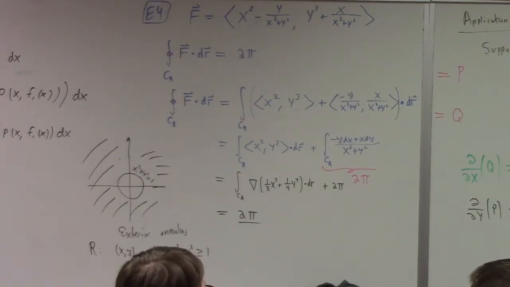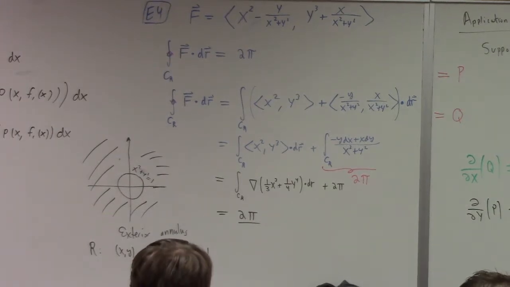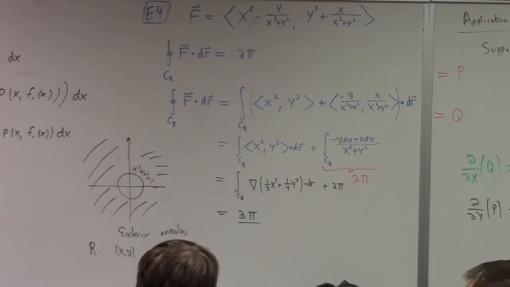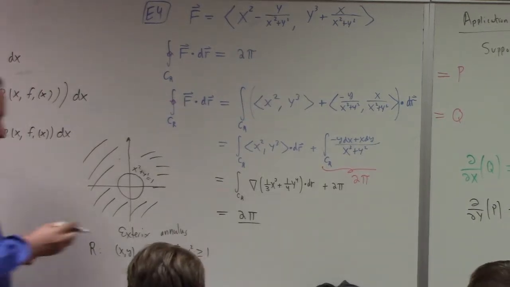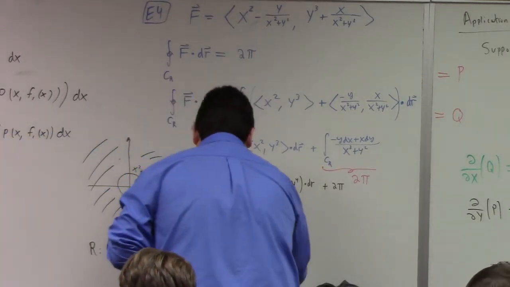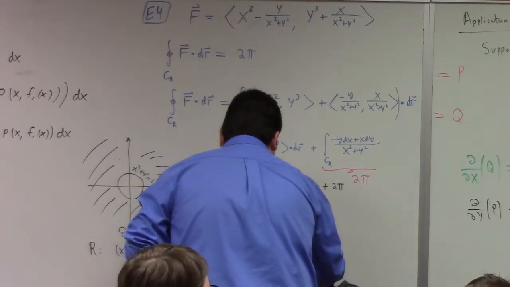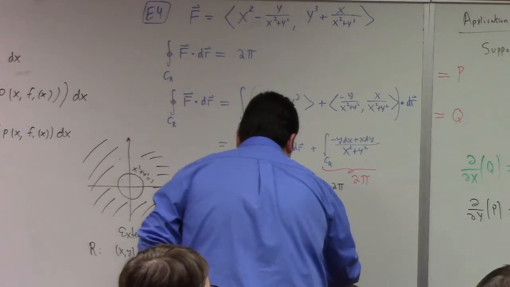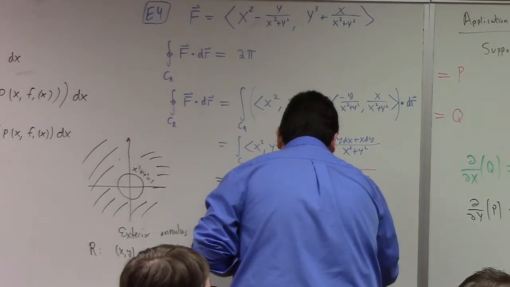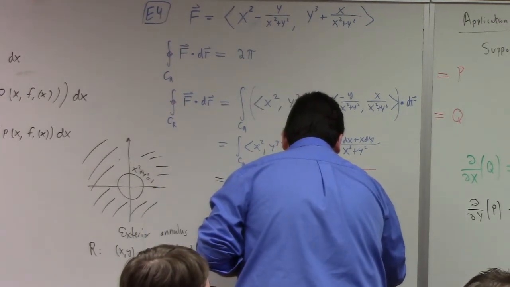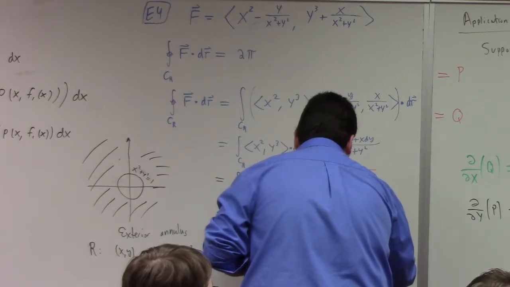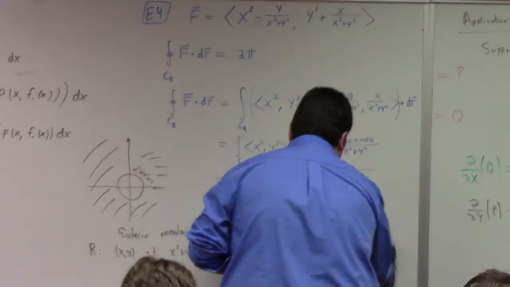F is locally conservative on that region. Why do I say that? Because, in other words, the curl of F, the z component of that. Well, fine.